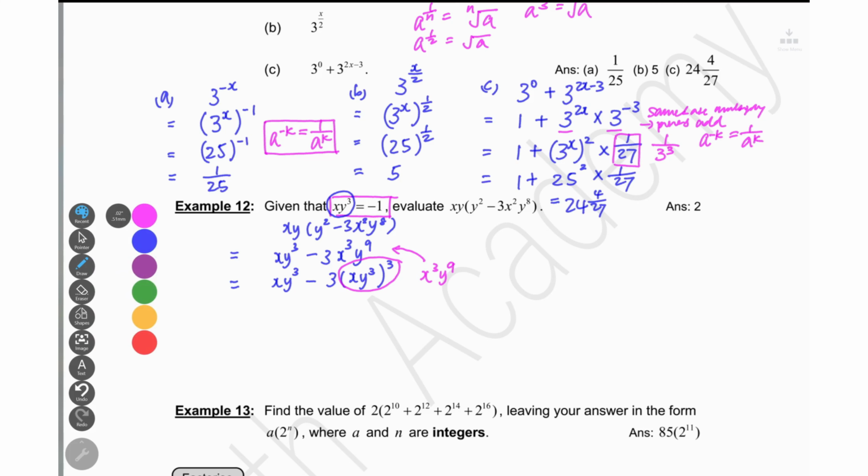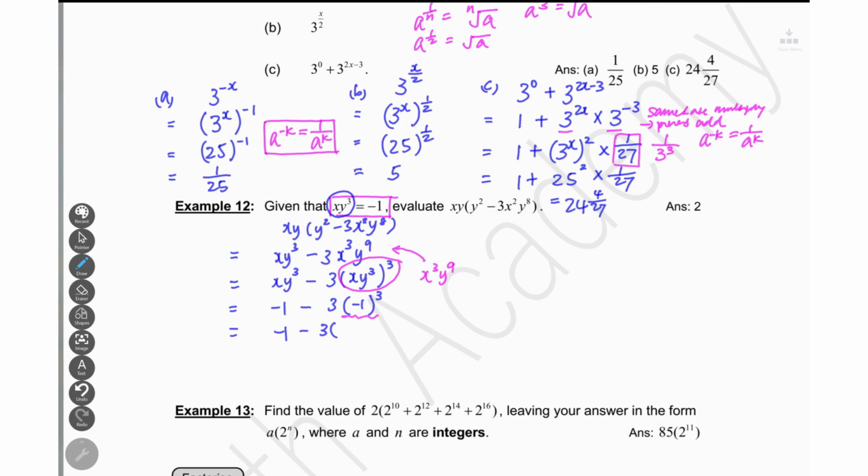Now I'm able to use my substitution already. So we see negative 1 minus 3 times (negative 1) raised to the power of 3. You can press the calculator straight away, or you can do this. Just be sure that you get this right.